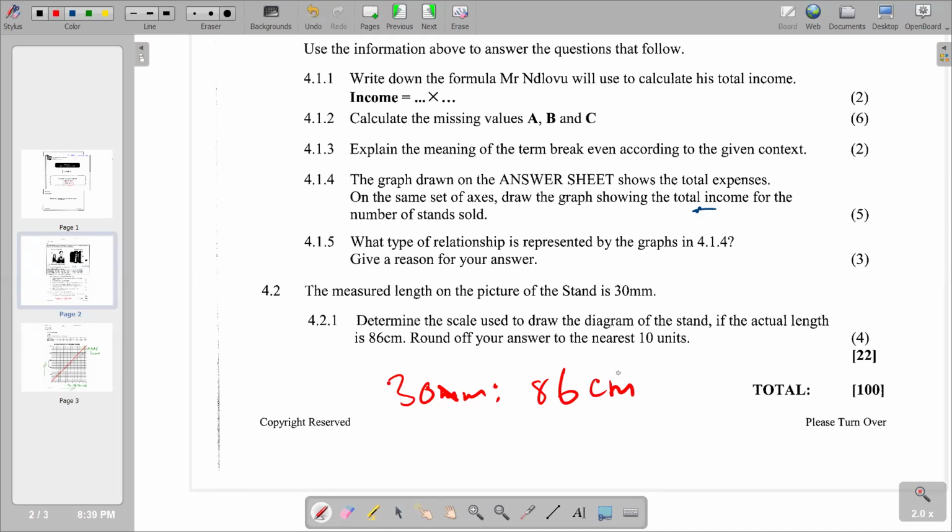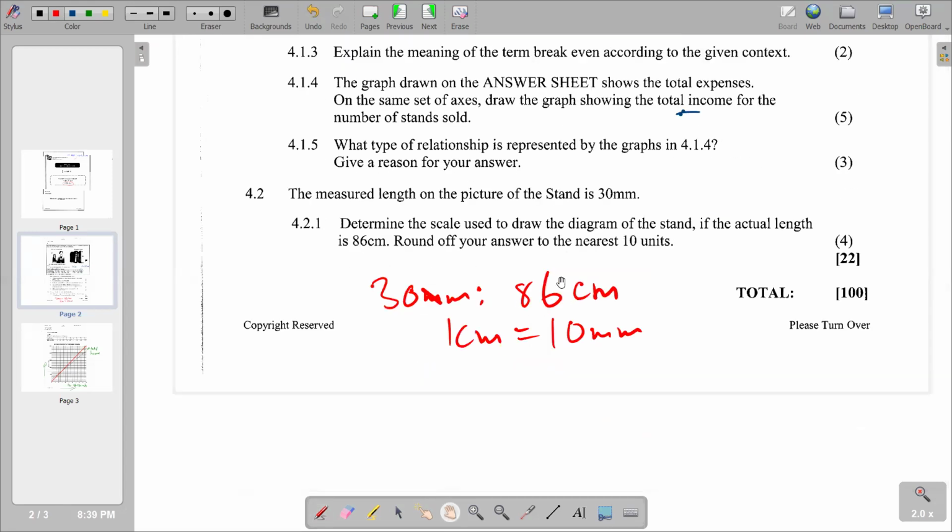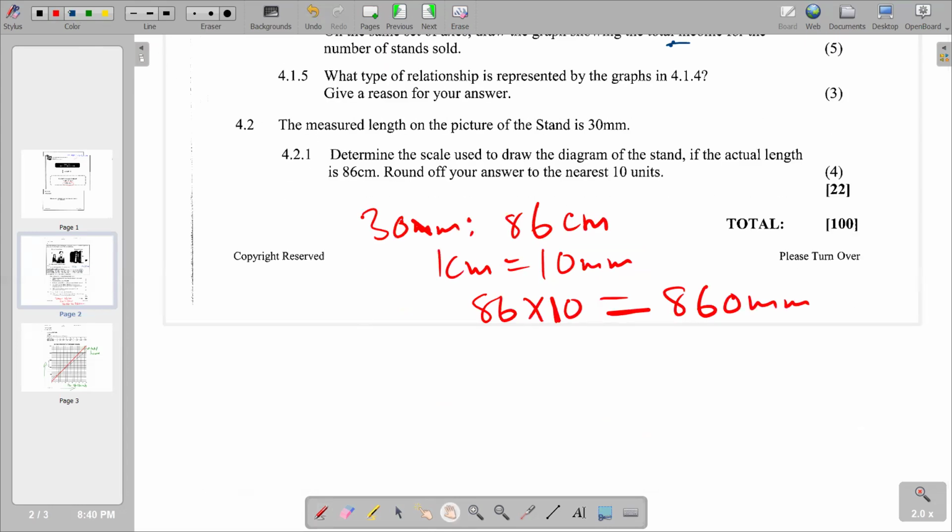So we have 86 centimeters that we can convert to millimeters. Remember, 1 centimeter is equal to 10 millimeters. So for us to get the millimeters inside 86 centimeters, we say 86 times 10, and you get 860 millimeters. So now we have put them on the same unit.